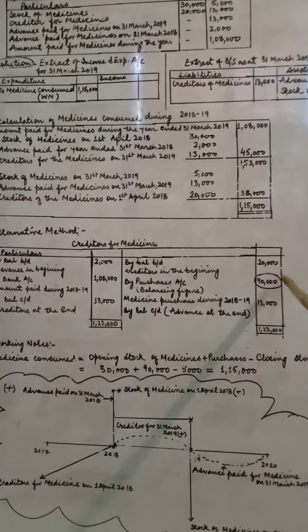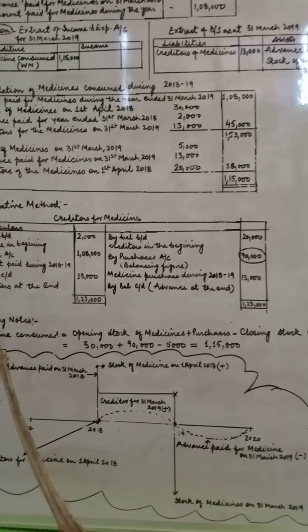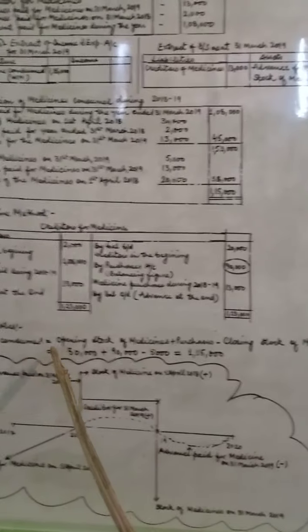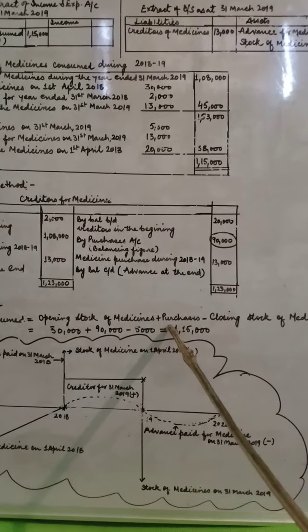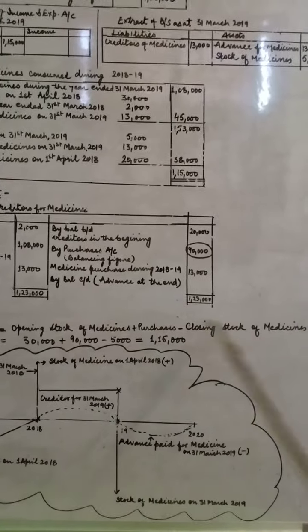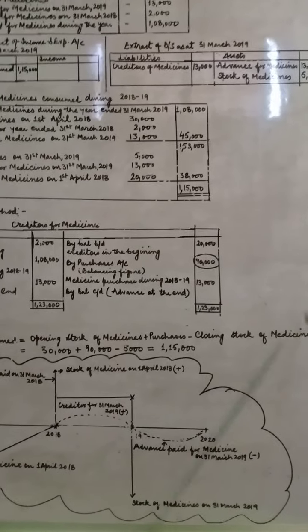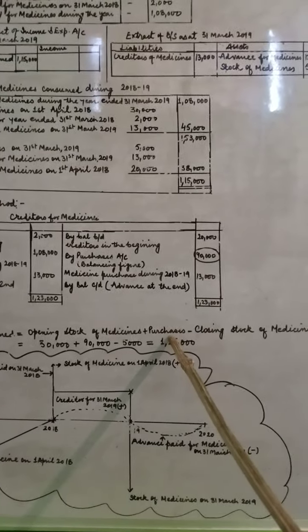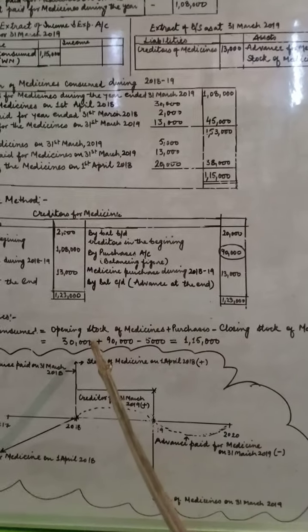So with the help of these purchases, now I have told you this formula that medicine consumed is equal to the opening stock of medicine plus purchases minus closing stock. Opening and closing stock of the medicines are already given to you. Purchases during the year you have just calculated. Now put the values.